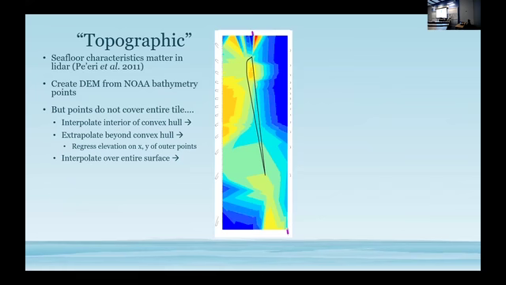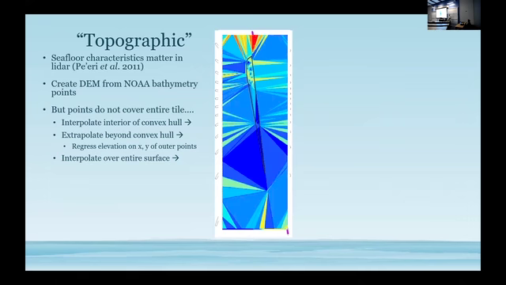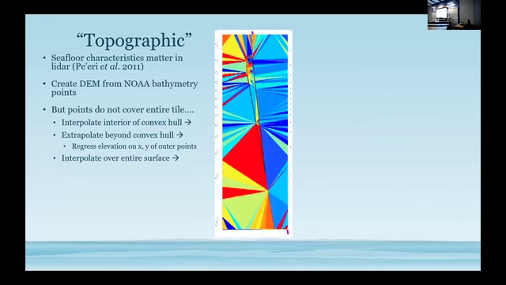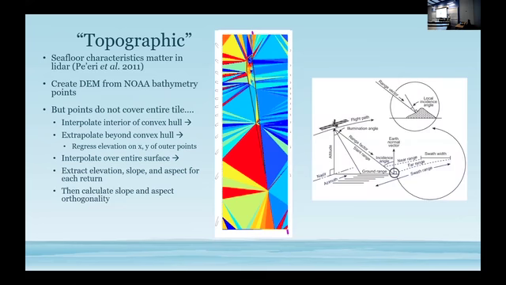I can get the elevation, from which I can extract the slope and the aspect, and then I can extract those for each of the pulses I have. So now I have a complete data set where every pulse has all the information that I need. And then I can extract things like the orthogonality of the pulse.